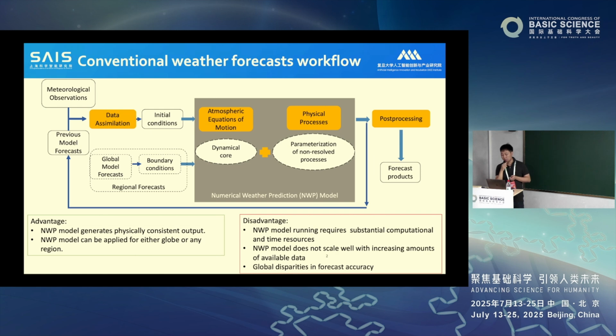turbulence, and so on. It has evolved over 7 decades, and the advantages of NWP models are very clear. It can generate physically consistent output because it is basically made of what we know about the atmosphere.